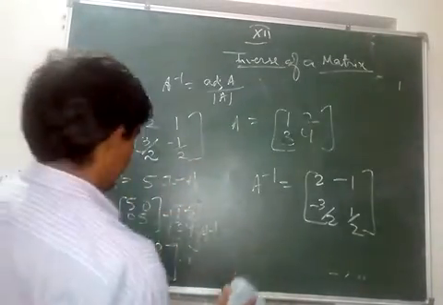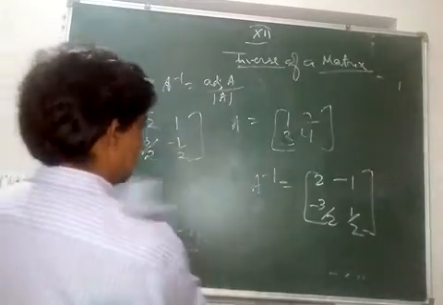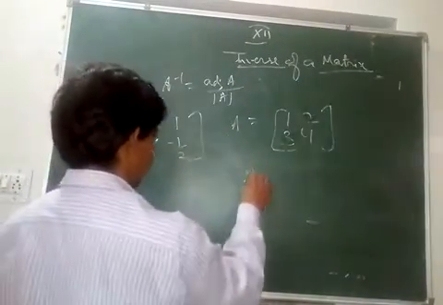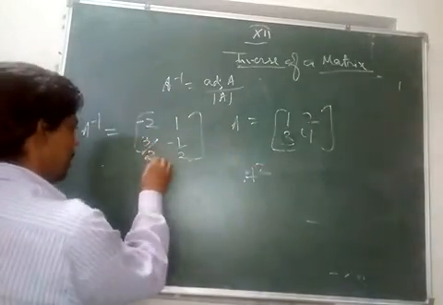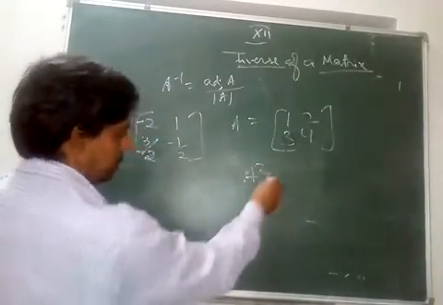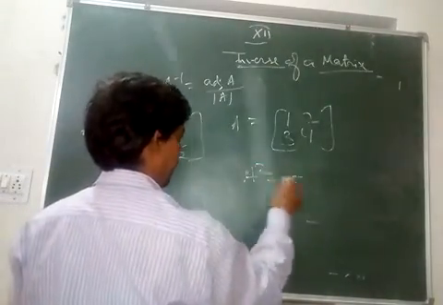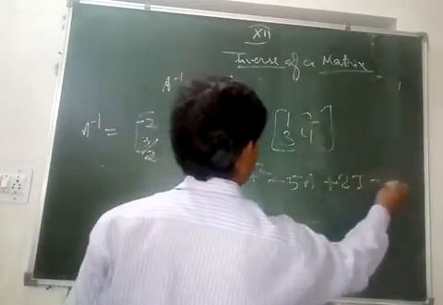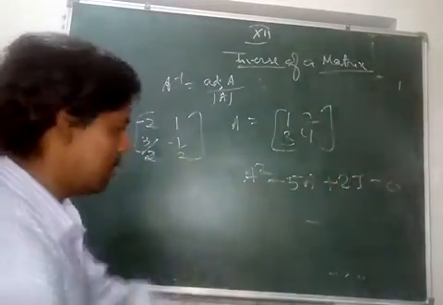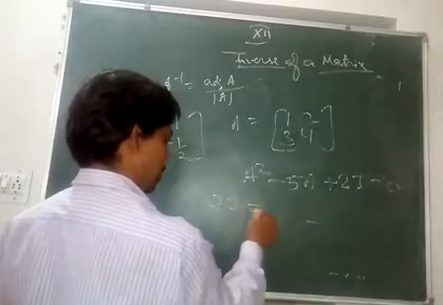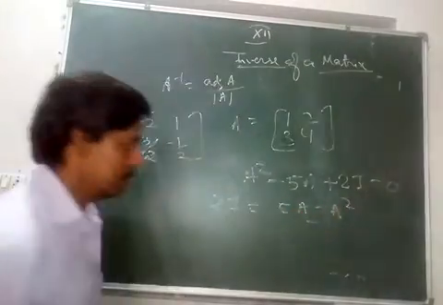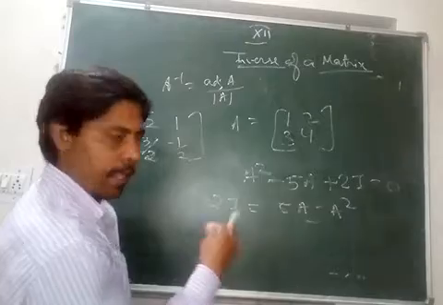Let's see again. What was the functional equation? Let's do it one more time to understand it quickly. This should have been the answer. So our functional equation is A square minus 5A plus 2I is equal to 0. I am letting this 2I be here, and let's take 5A minus A square to that side. Now multiply by A inverse throughout.